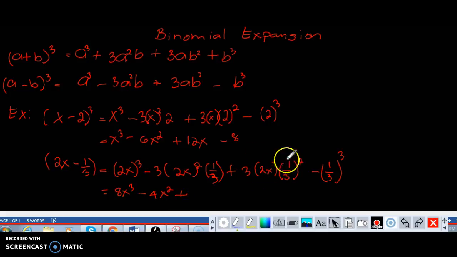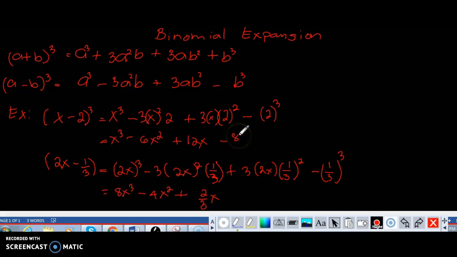Plus, let's go over here. So now you have 3, and this one here, 1/3 squared, that is 1/9, right? 1 squared, 3 squared, so that's 1/9. Times 3, the 3 will cancel out with 1/9 leaving 1/3, times 2x, so you have 2/3 x.